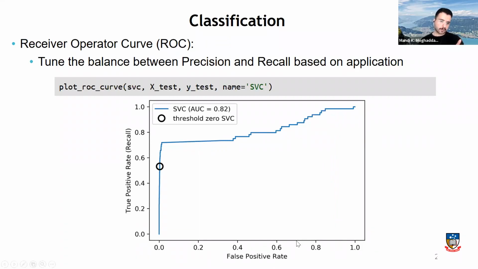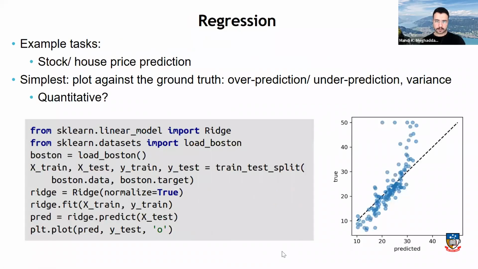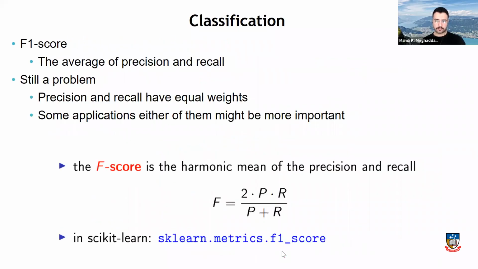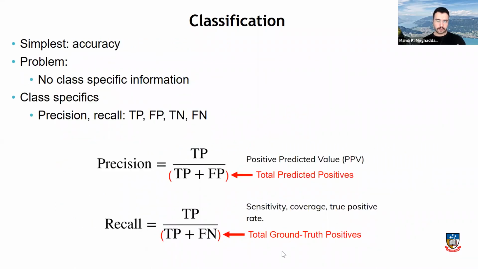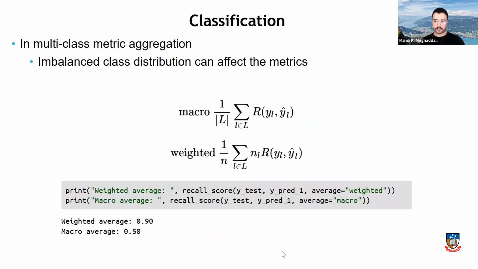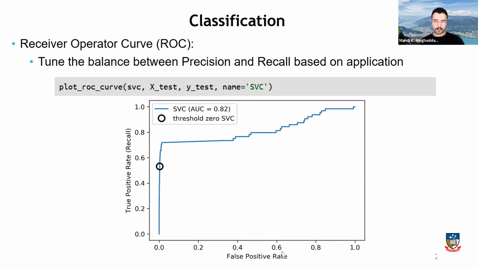So the recall is on this one, true positive rate, and then the false positive rate is, let's go back to this. So you have the recall here, which is a true positive rate. It's not the true positive itself, it's true positive over the sum of true positive and false negative. And then the false positive is the number of false positives that you have.